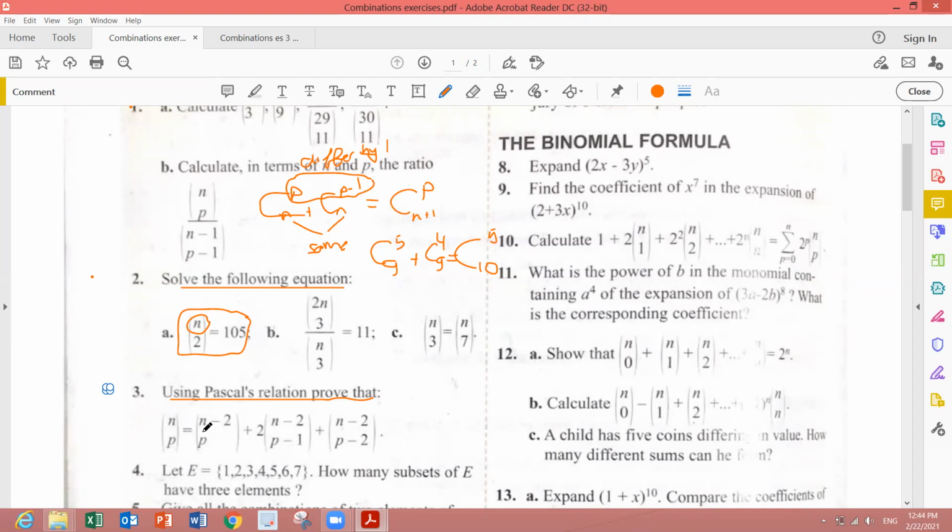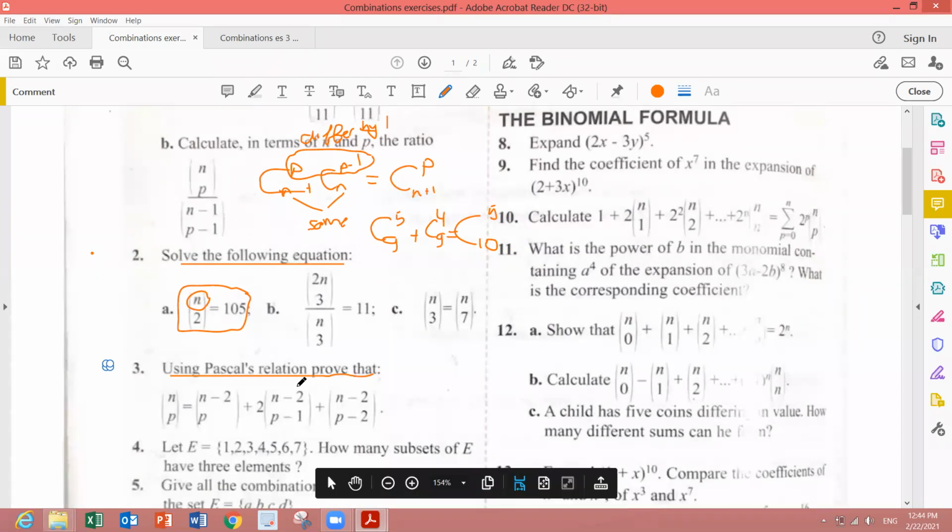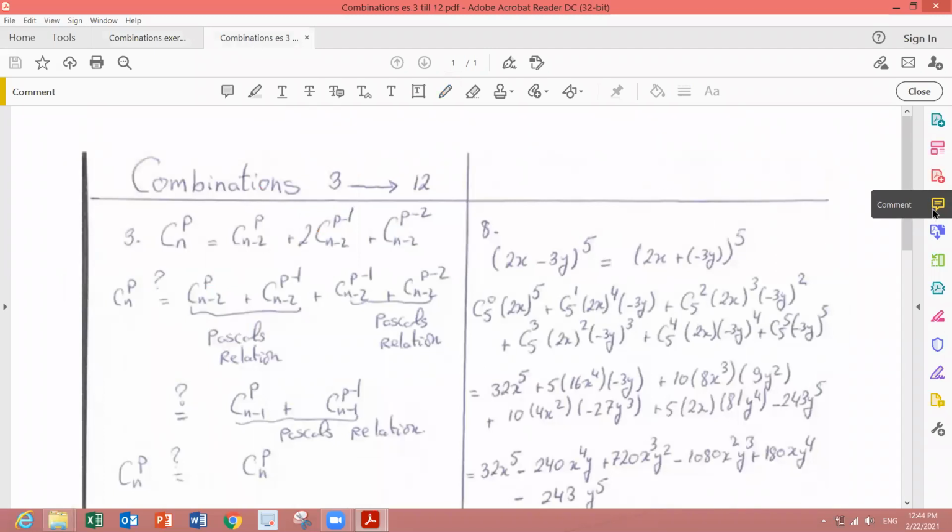Now we are going to prove this Pascal's relation. How to prove this Pascal's relation? To use Pascal's relation, I need to prove this relation.